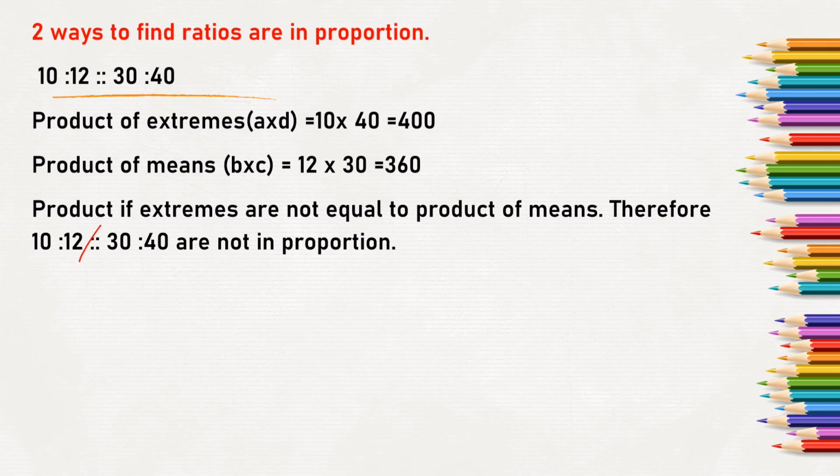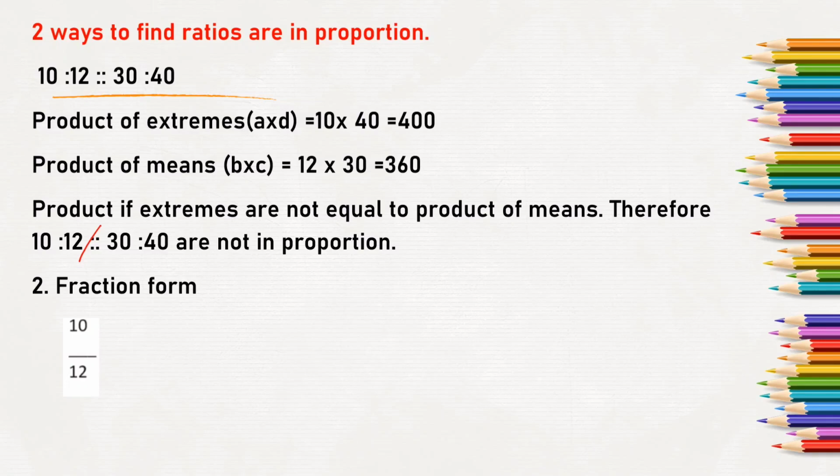There is also an alternative method. As I said, this is the first method, and in the alternative method, first we write the given ratios in fraction form. 10 by 12 is the first ratio, right? Bring it down to the simplest form by dividing each term.